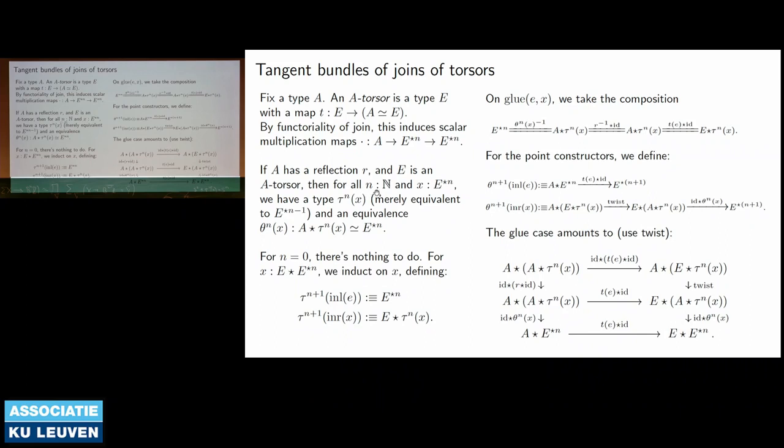So the construction says that for any natural number n and any point in the nth join power, you have this tangent bundle that's going to be merely equivalent to a join power one less, and you get an equivalence, this theta n. So for n equals 0, there's nothing to do. Otherwise, you induct on n, and we picture this as follows. So you have your E, and you have an E join n.